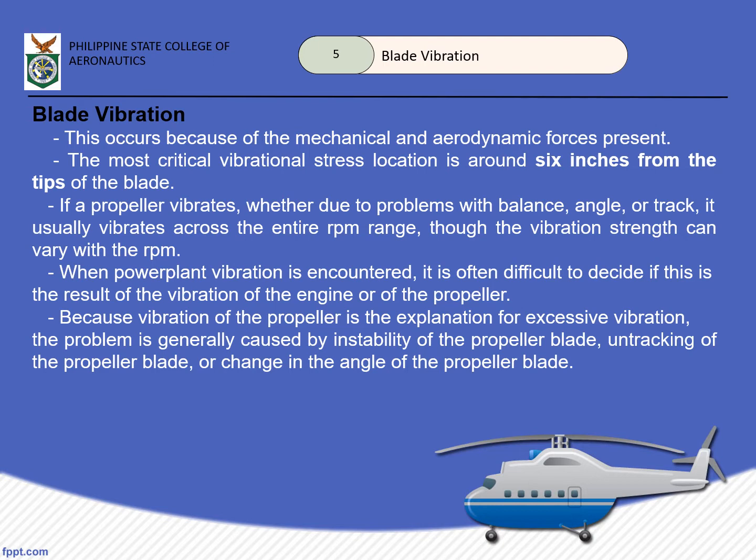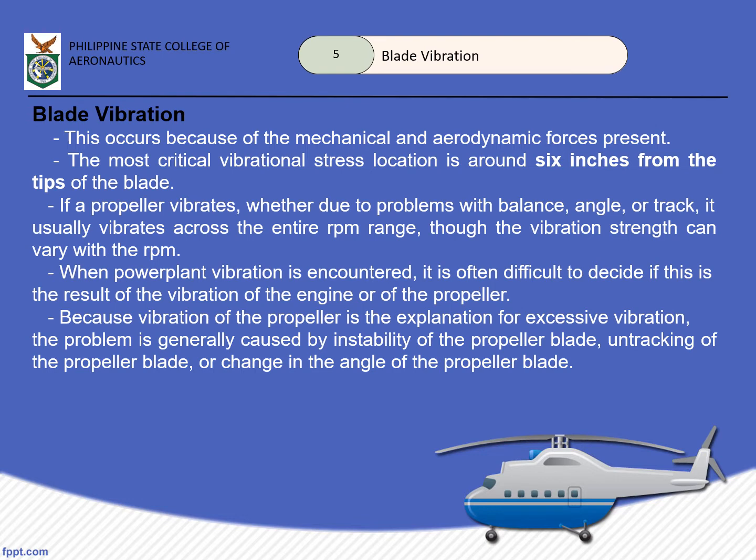Nagmo-move siya in a little loop. So, from engine naman, kapag yung hub natin doesn't appear to be spinning in an orbit. So, take note of that difference. That's how you can tell if result siya ng vibration ng engine or ng propeller.